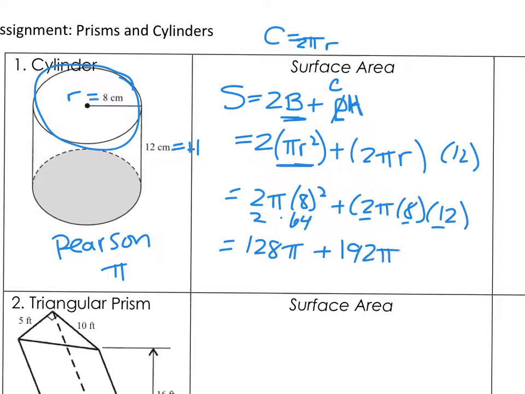And you're just going to keep the pi out of it. Keep it like an x, so you'll use it to combine like terms. That's just 128 plus 192 pi centimeters squared.